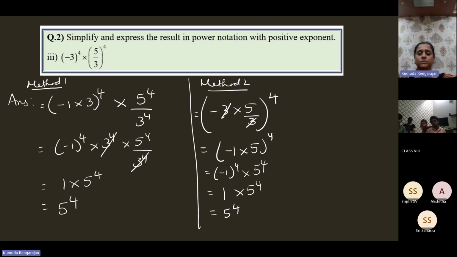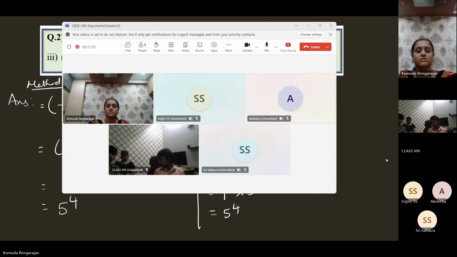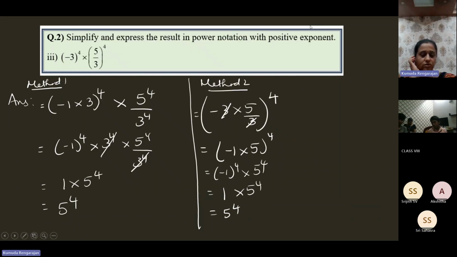Yeah, please write down both the methods. Akshita, are you there? Srijit? Yes, ma'am. Okay, Sahasra? Yes, ma'am. Very good. Okay.